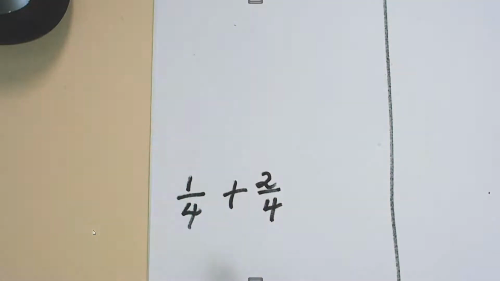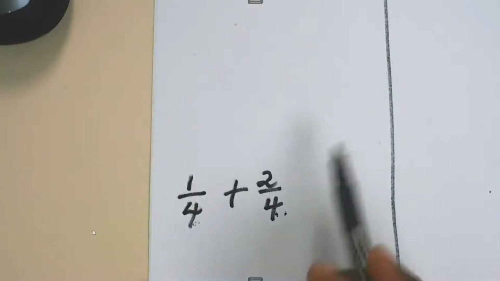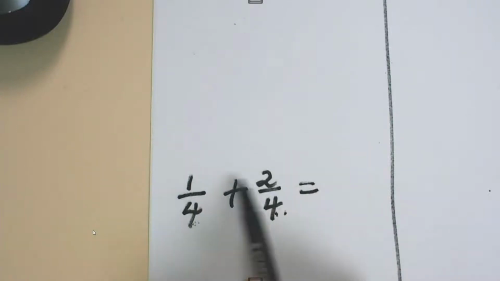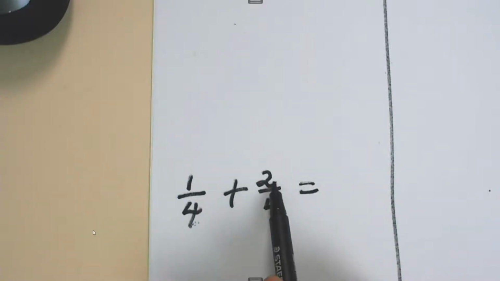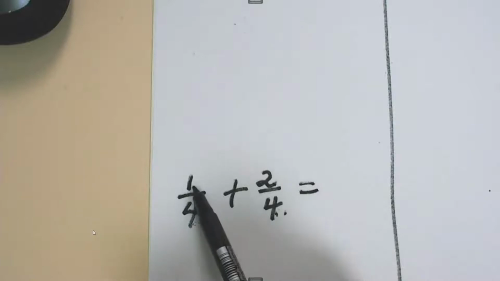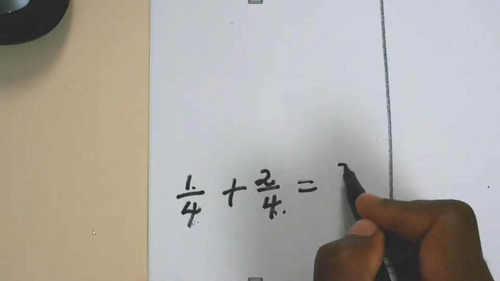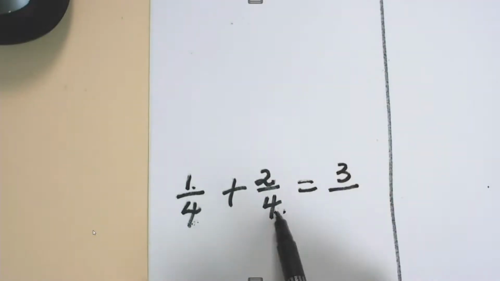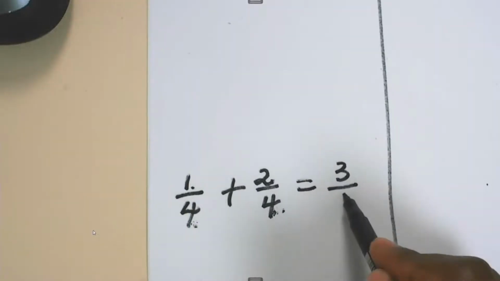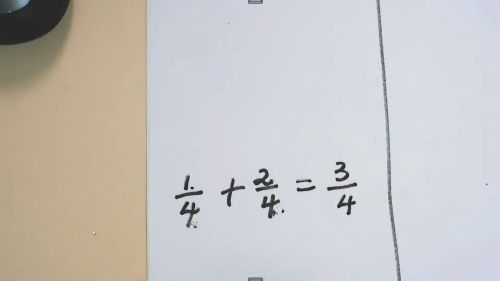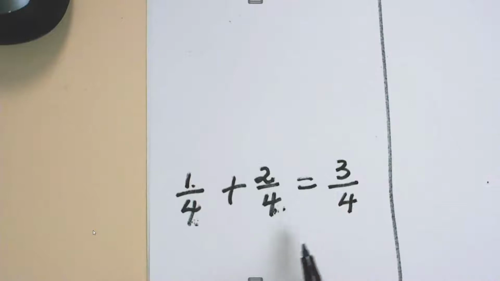The main thing that we learned from grade 5 was that we cannot add denominators because they represent the number of parts the fraction has. So our focus is only on adding the numerators: 1 plus 2 equals 3. We cannot add denominators, so our denominator will still be 4, meaning our answer was 3 quarters.